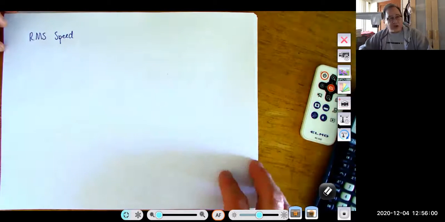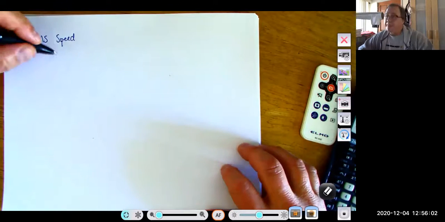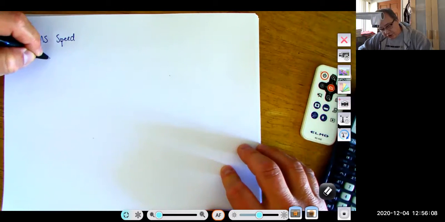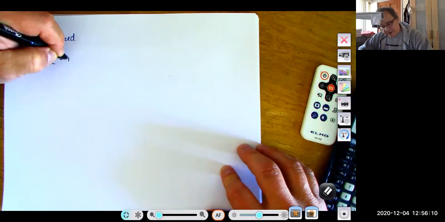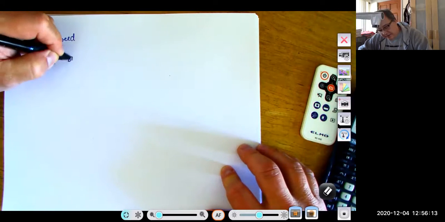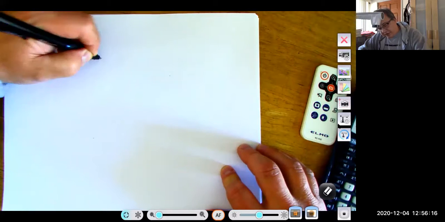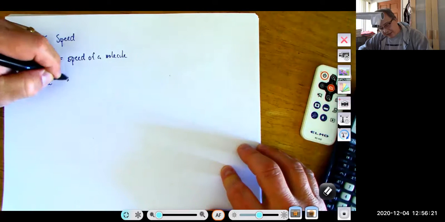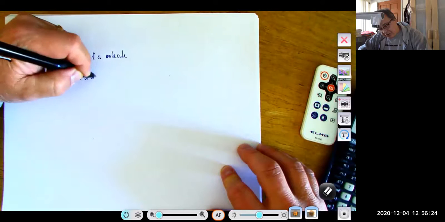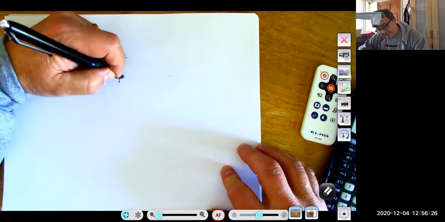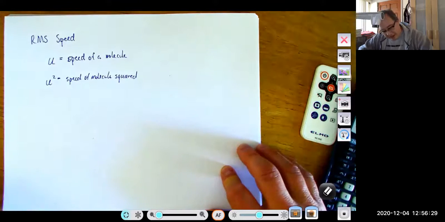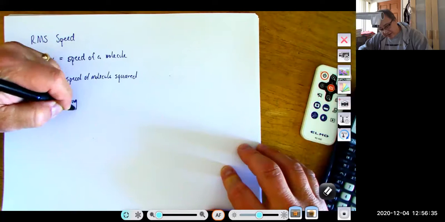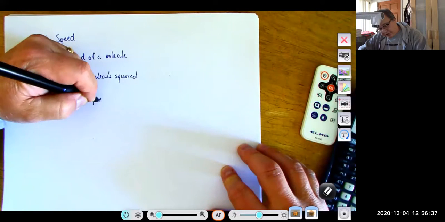So RMS speed starts with this idea here that we're going to use U is the speed of a molecule. U squared is the speed of a molecule squared. And U squared with a line over it is the average of the speeds squared.